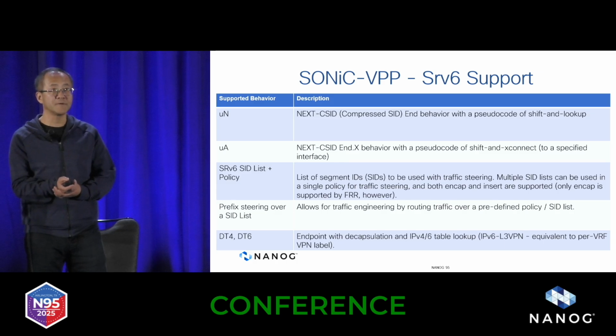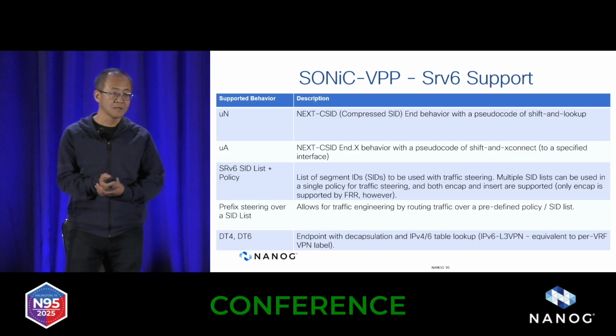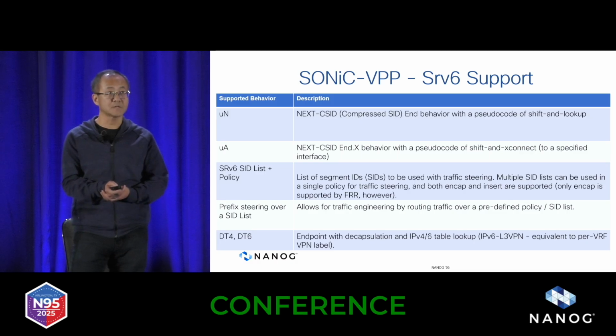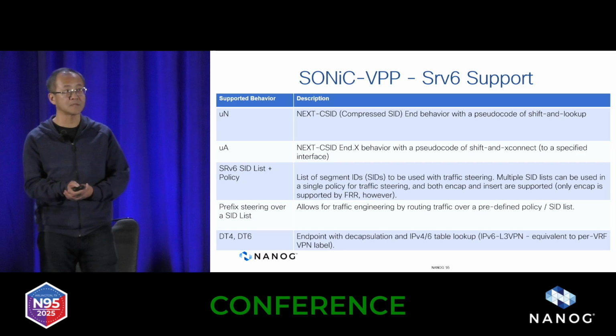Because the VPP data plane already supports the SRv6 functionality, the introduction of this feature into SONiC VPP took one developer about 3 weeks to finish the implementation. That's roughly how long it takes to add a feature if the data plane is ready.